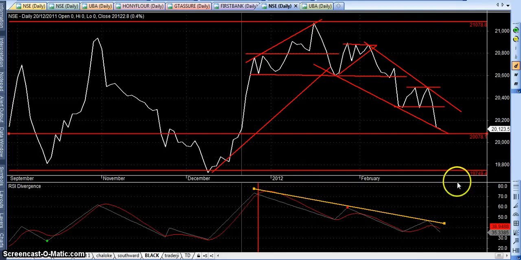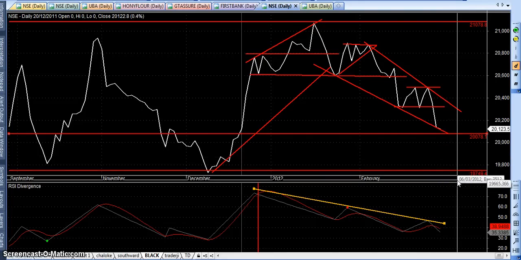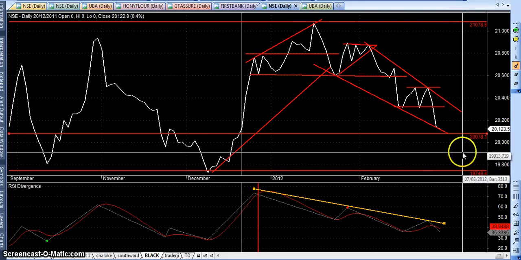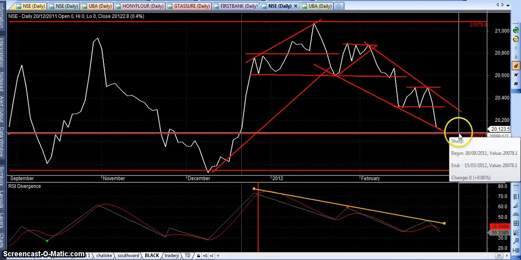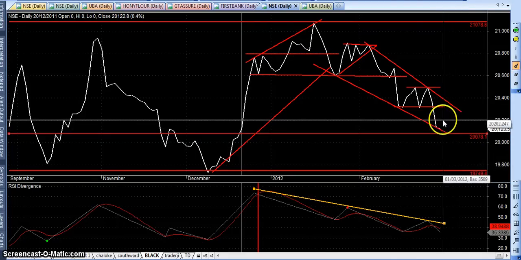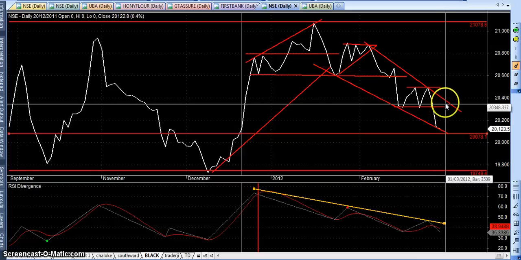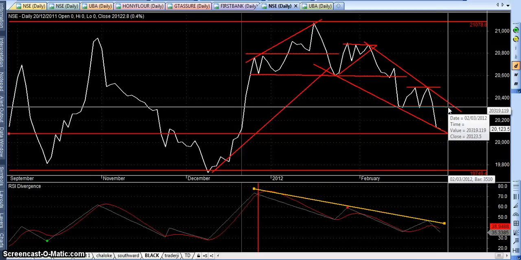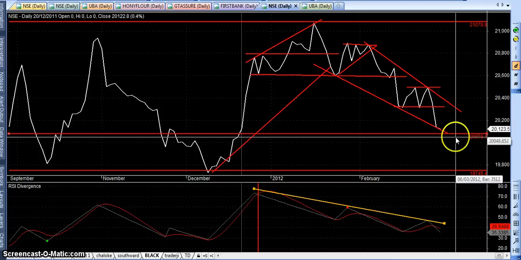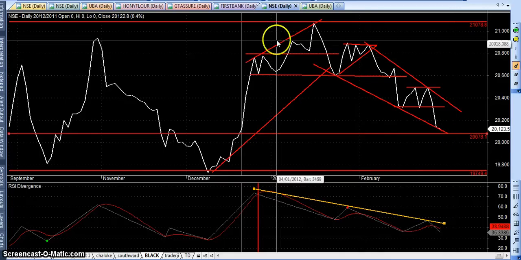So for now I'm not too convinced that the market is healthy until we start seeing spikes above this level, 20,312, the former support level, which is now the resistance level. I will say there's still money to be made, but you have to be cautious.